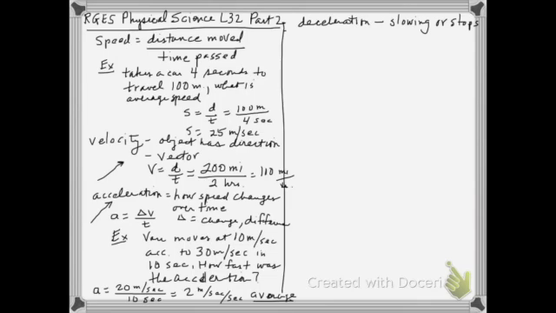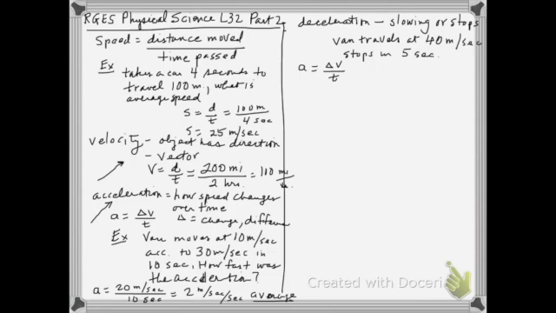Okay, so let's say that a van is traveling at 40 meters per second, okay? And it stops. It stops in 5 seconds. What is its deceleration? Well, you would say acceleration, of course, is the change in velocity over time, or delta V over t.